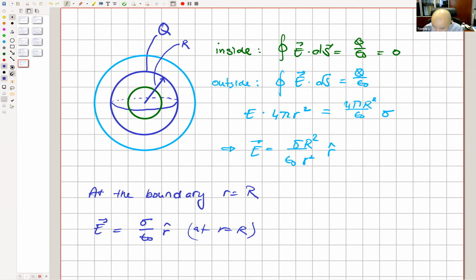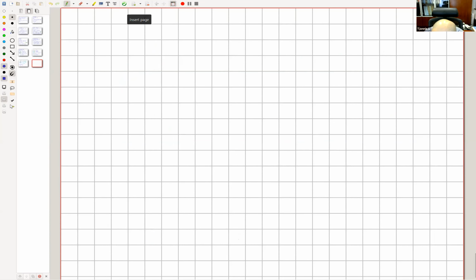Okay, so now let's do exactly the same for a slightly different scenario. In this case, we want to look at the boundary conditions. So we do something very similar. Consider some surface.